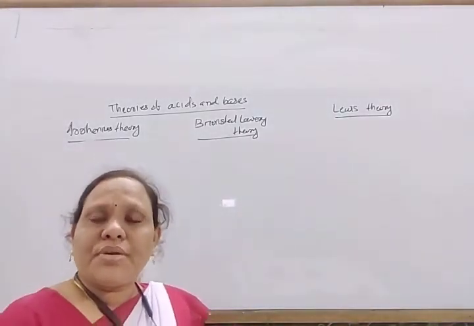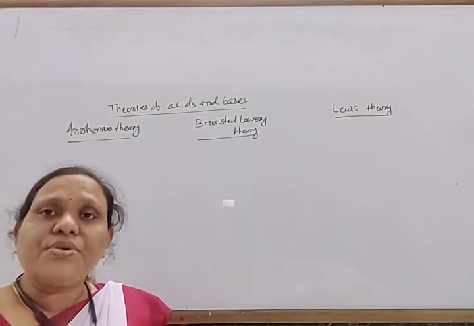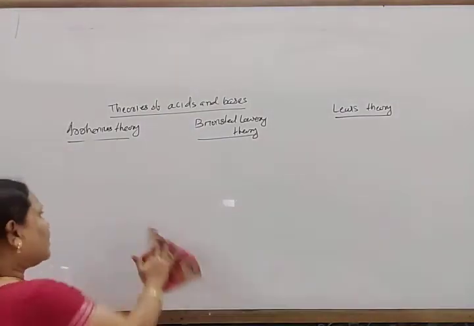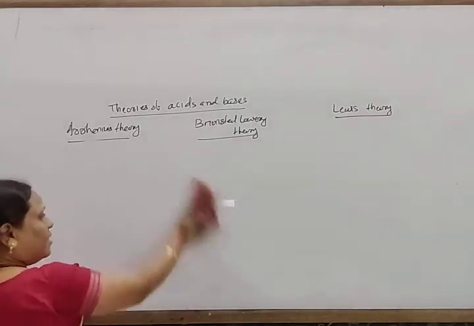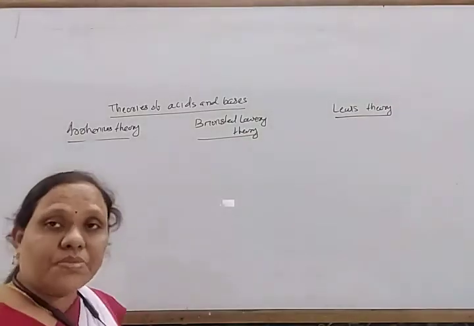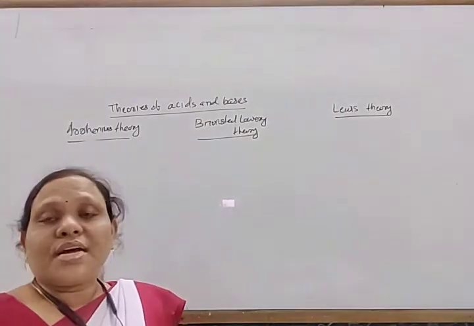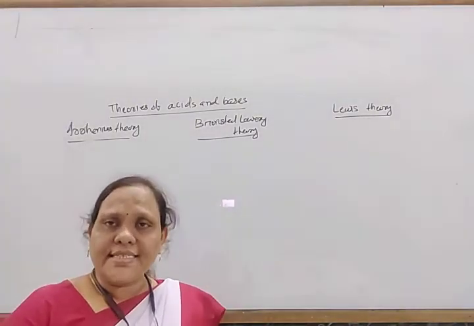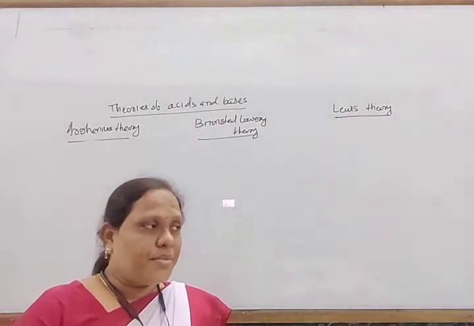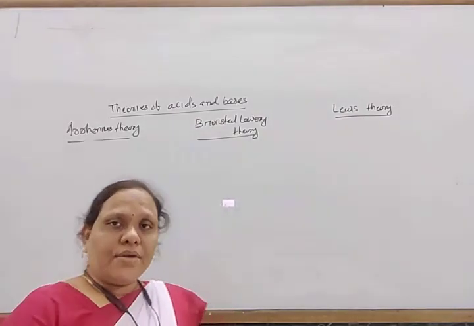So if there are two different weak acids, which one is stronger and which one is weaker can be compared by their tendency to give this H+ ion. So we can compare the acid strength, and the strength of these acids and bases can be determined from Ostwald's dilution law.